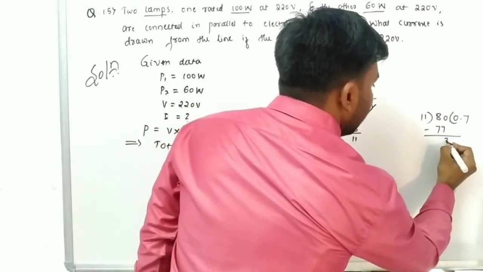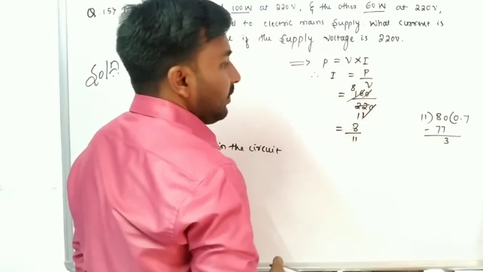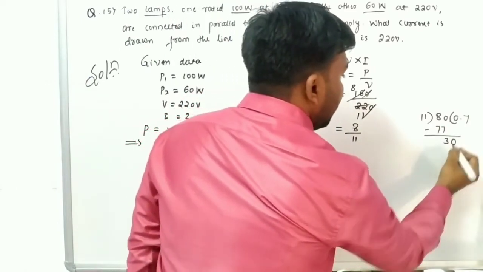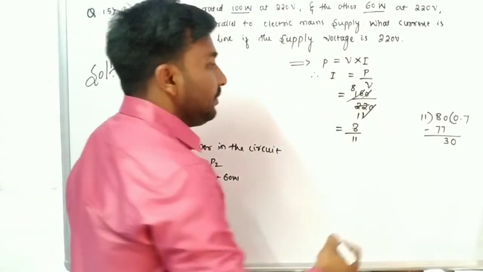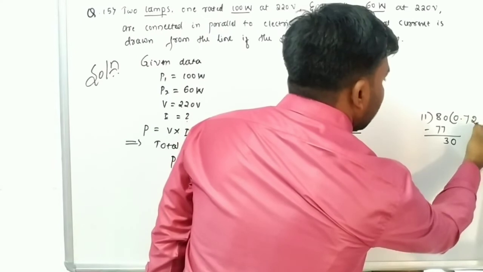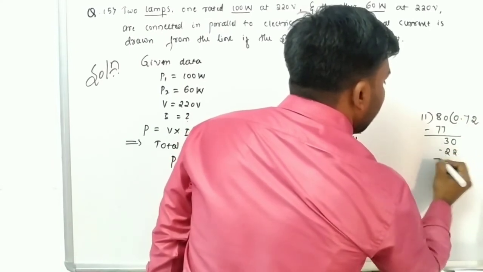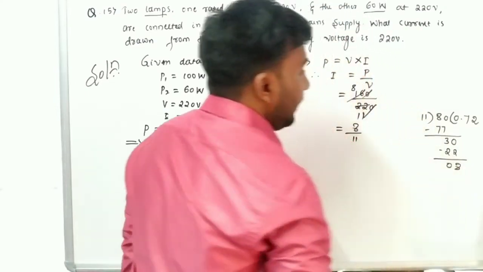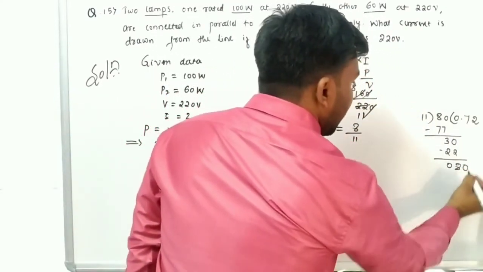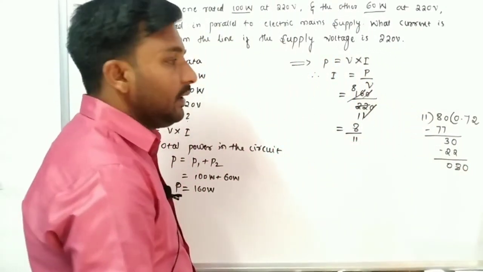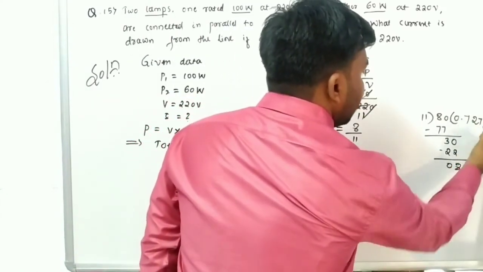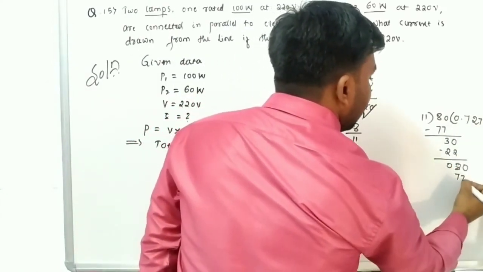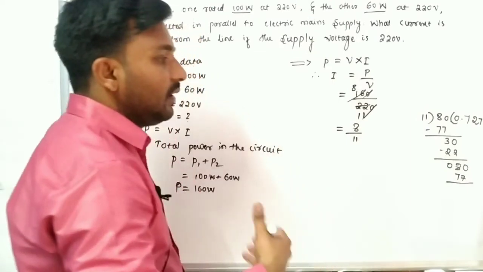Subtract this, it is 3. Take one more 0, it is 30. 11 twos are 22. So it is 8. Take one more 0, again it is 80, and 11 sevens are 77. So like this the number will come.